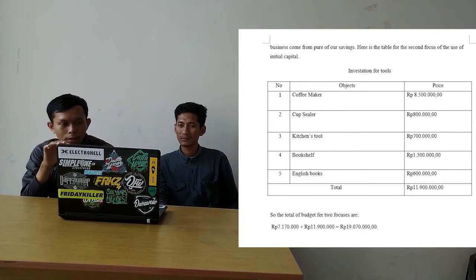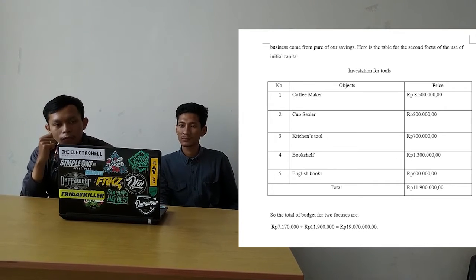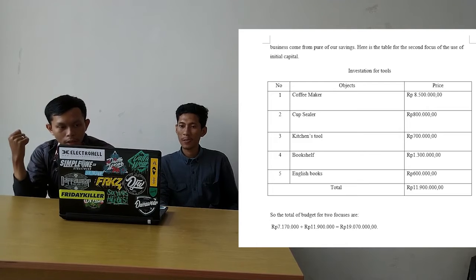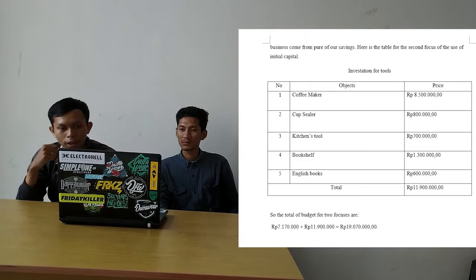Okay, so the first tool is the coffee maker. It has a price of 8,500,000 rupiah, and the second tool is the cup sealer.